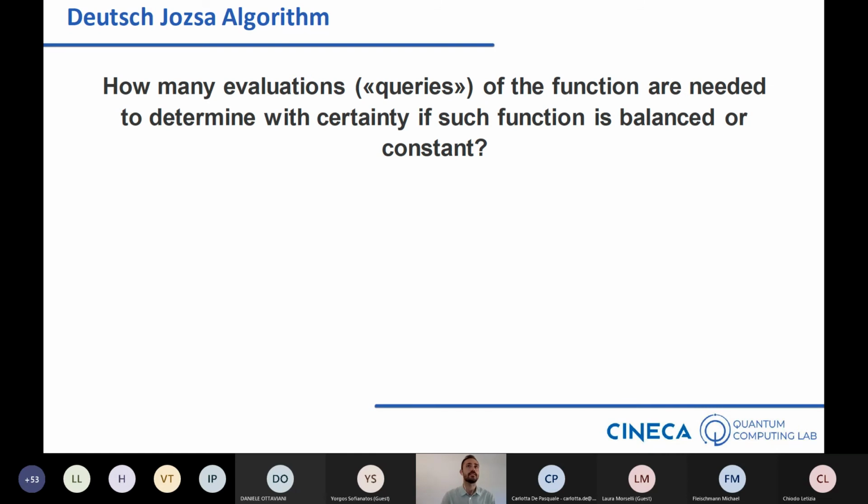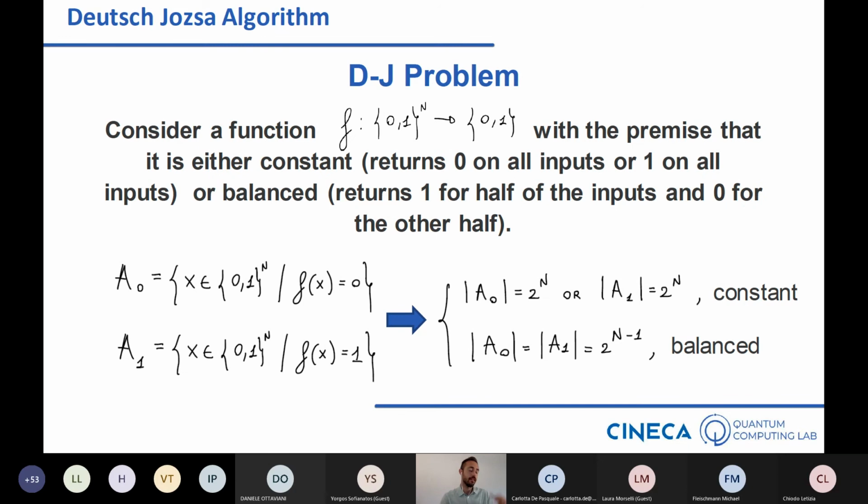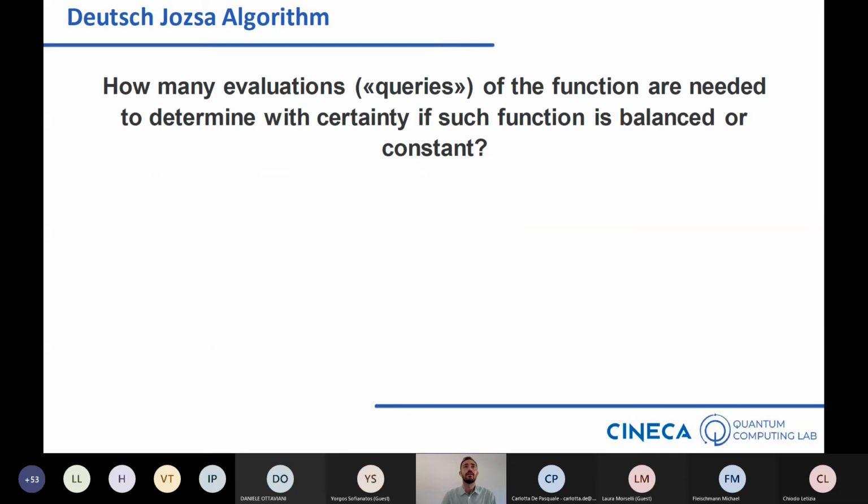Are you with me with this formulation? It's what we saw yesterday, but for the n case. So if you are with me, try to answer this question. Classically, how many evaluations, how many queries of the function, are needed to determine with certainty if such a function is balanced or constant? You have some seconds to think about it and write your answer in the chat.